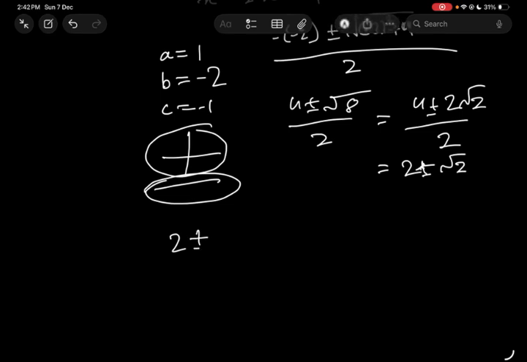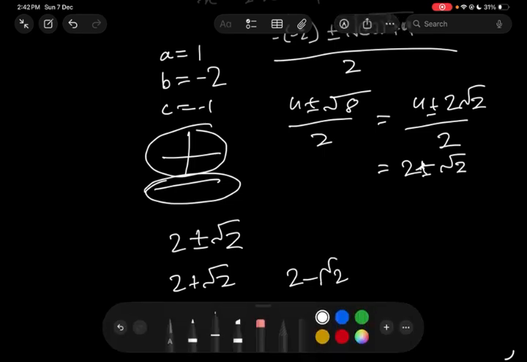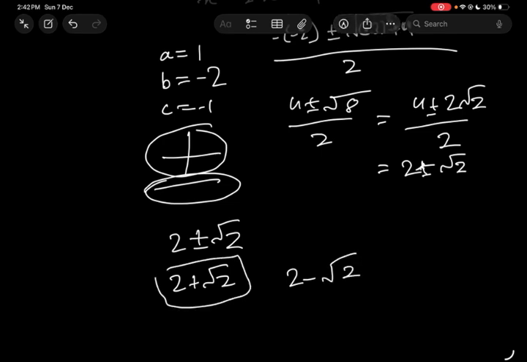So 2 plus minus root 2 means 2 plus root 2 and 2 minus root 2. So these two are the roots of this equation.